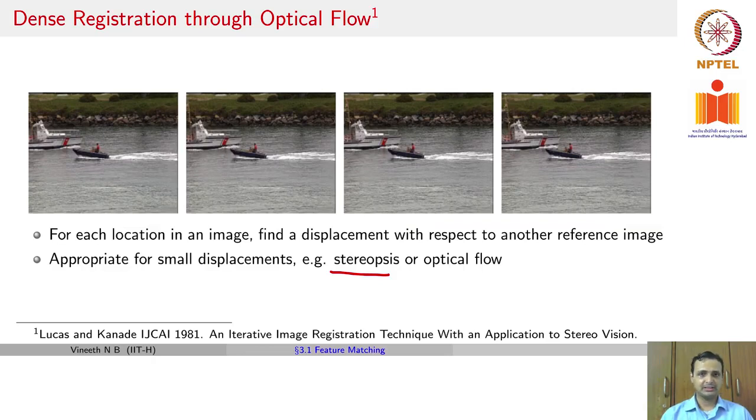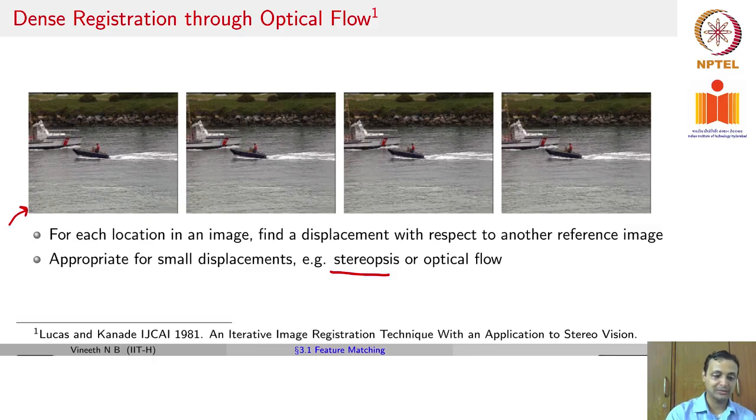So in these kinds of cases, the displacement of the scene between successive images is very little. In these settings, you can use a method called dense registration through optical flow.